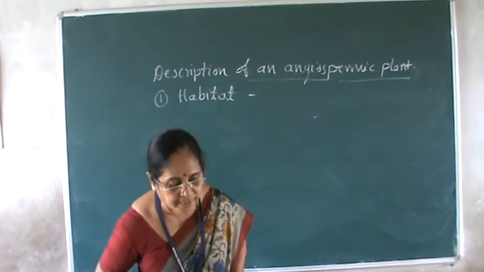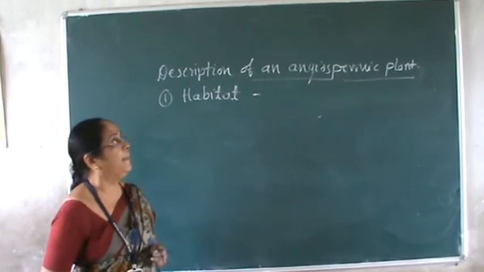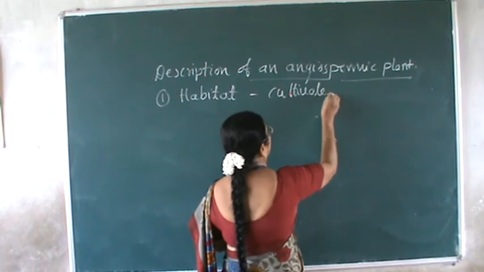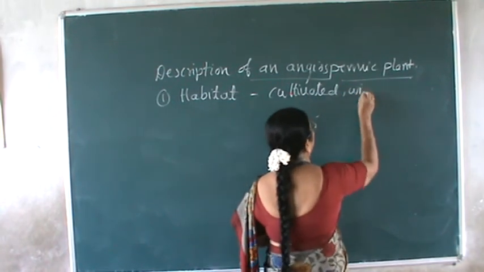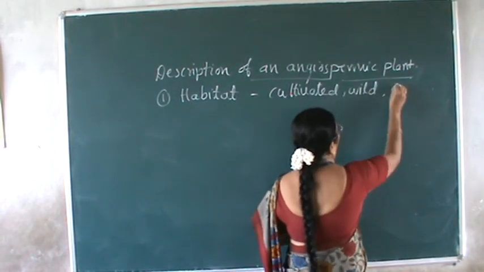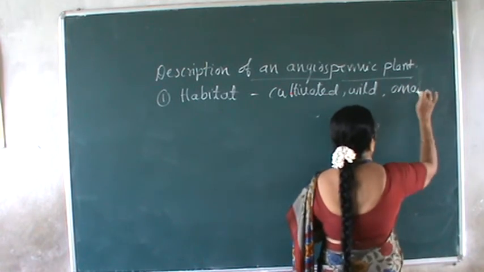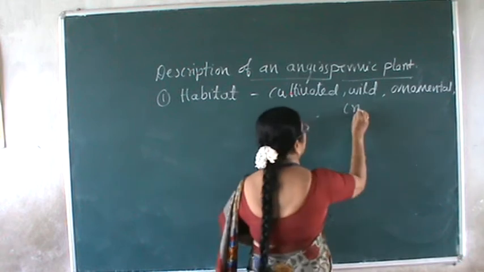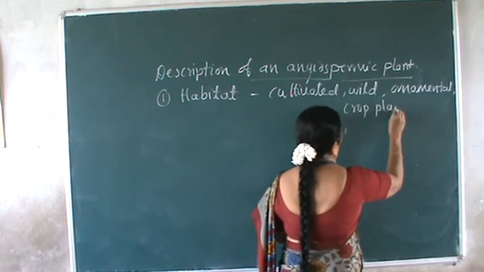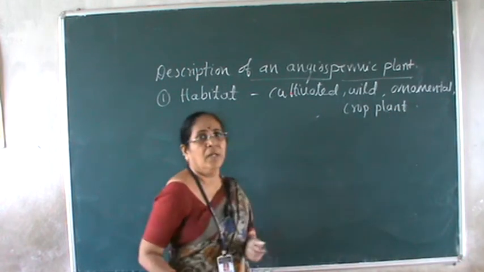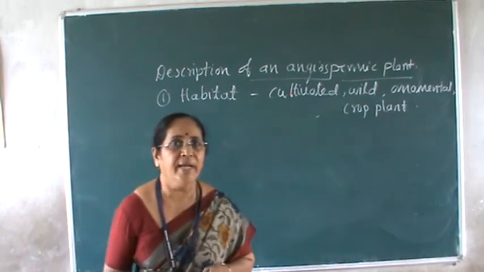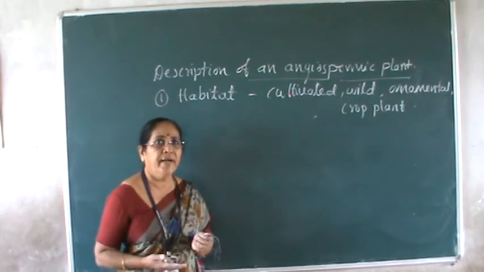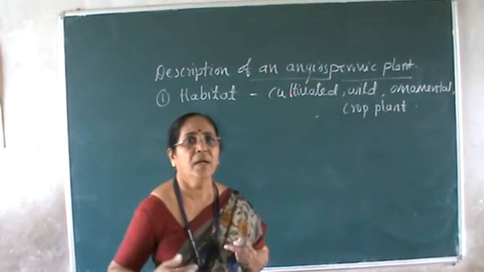So in this case, you are going to write whether the plant is cultivated, wild, ornamental, crop plant, and so on. It may be cultivated or it occurs in the wild state. It may be an ornamental plant or a crop plant. So that is to be mentioned.